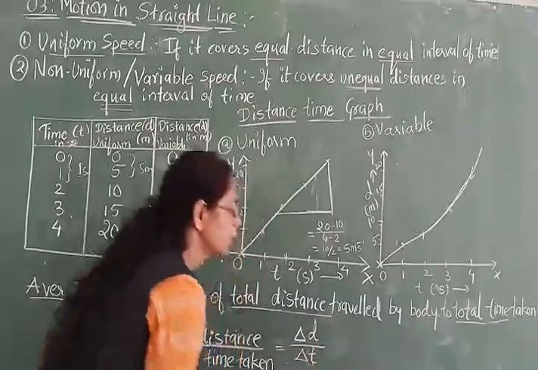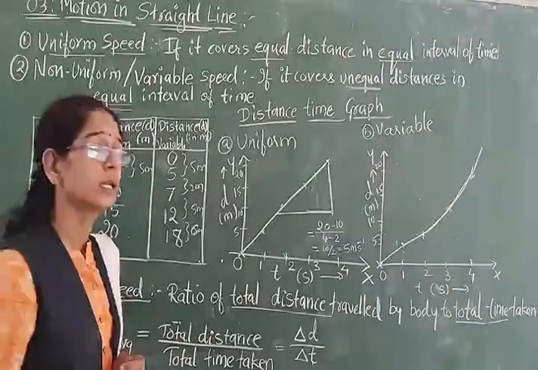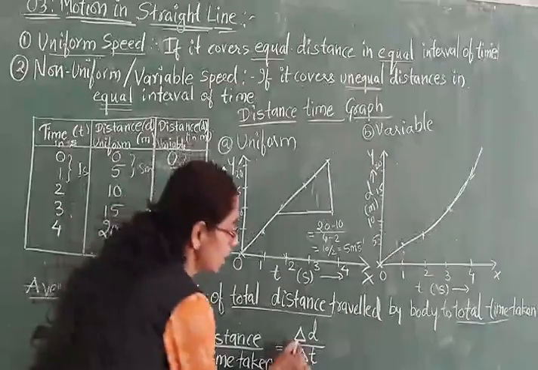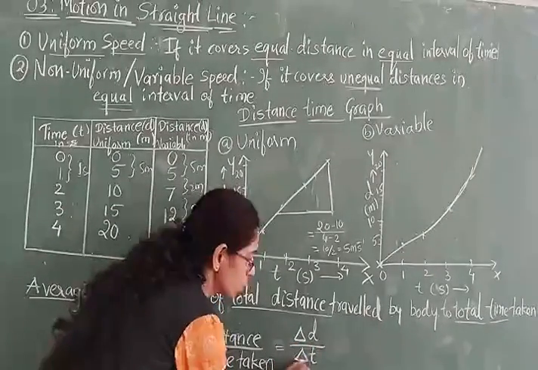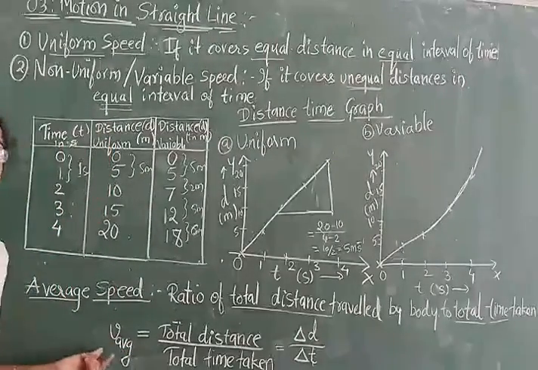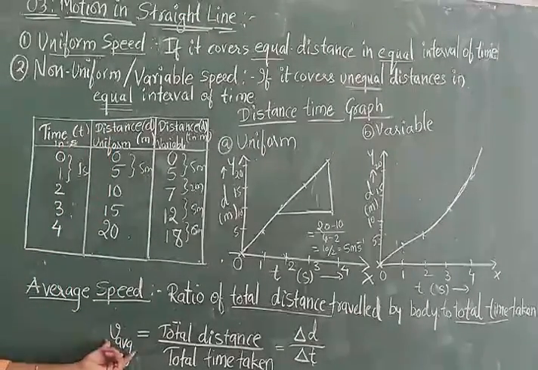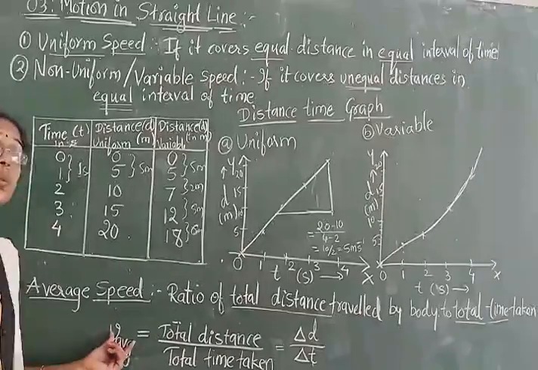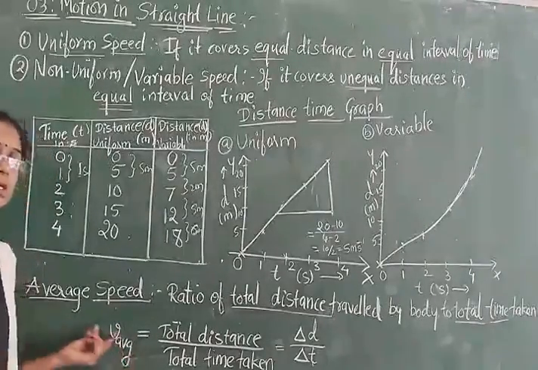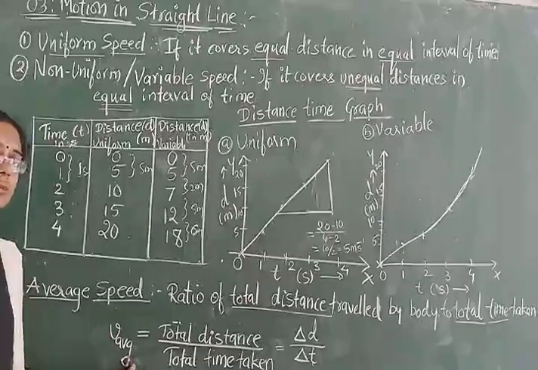Graphically it is represented by delta of d, where d is the distance. So total distance upon total time taken will give you the value for variable speed, and it is denoted as V average. That is called average speed.